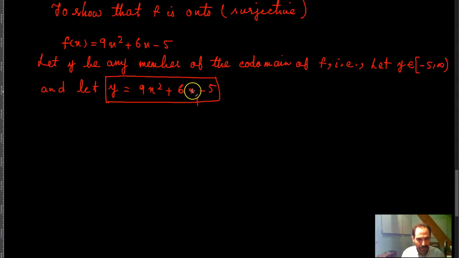Now the problem here is that one of your x's is raised to the second power, and one of them is raised to the first power. They are not together, so we'll have to find a way to put these x's together before we can express x in terms of y.